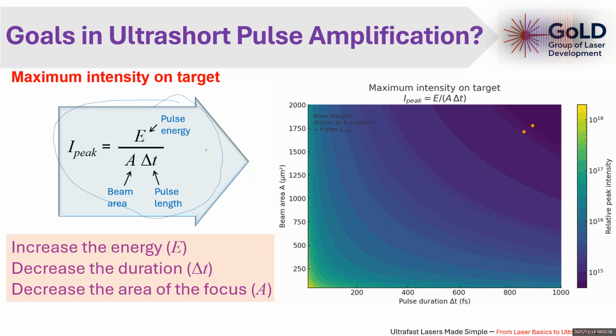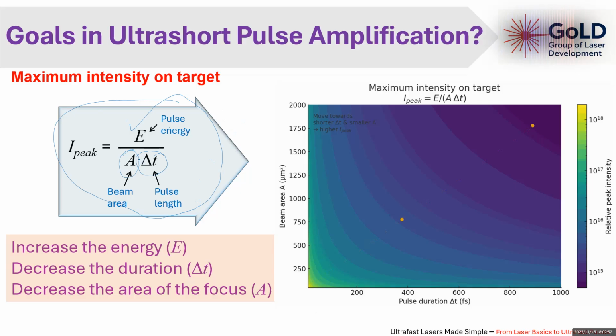Okay, so controlled. And what this equation is showing is that the peak intensity is equal to the pulse energy here, and A is the beam area, and this T is the pulse length here. Okay, delta T. Delta T is the pulse length here.